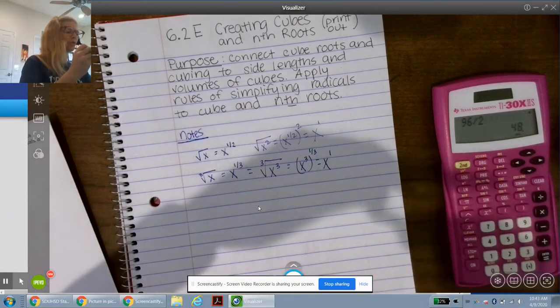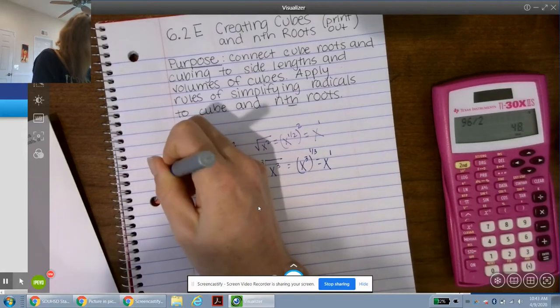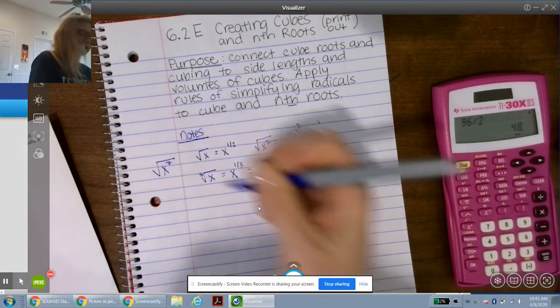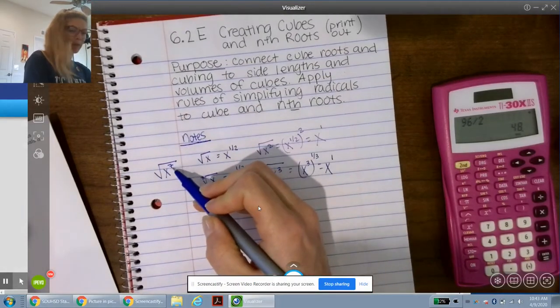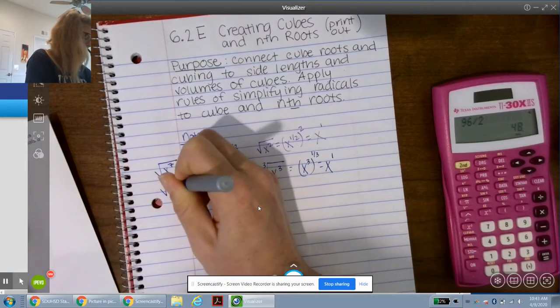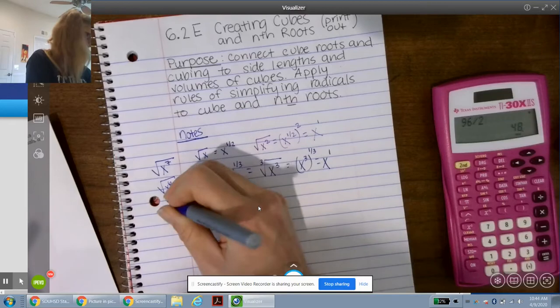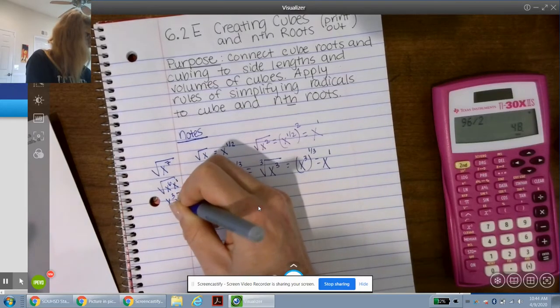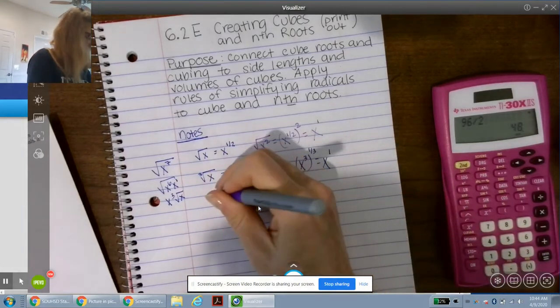When we had square roots, we said if you had the square root of x to the 7th, you could have rewritten it because you want to divide the exponent by 2. We rewrote it as x to the 6th times x to the 1st. So then we could just divide the exponent here by 2, pull it out, x to the 3rd, square root x. We can use that same idea for when we're taking cube roots.